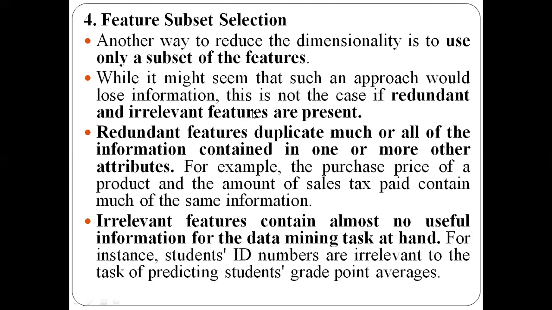Redundant attributes, as you know, are duplicate attributes or features. You will have duplicate data in your data set, which is not required at all, because duplicate data takes more time for performing your analysis. Instead, you can remove that duplicate data or those redundant features from your data set.